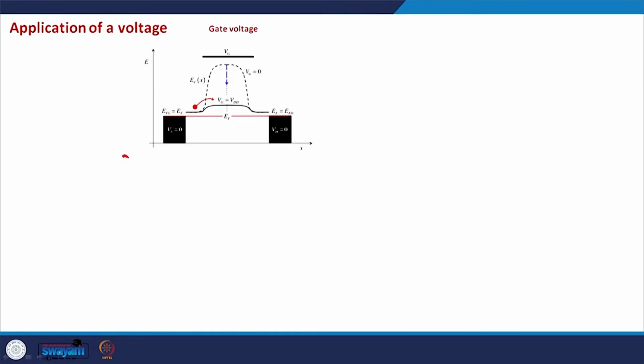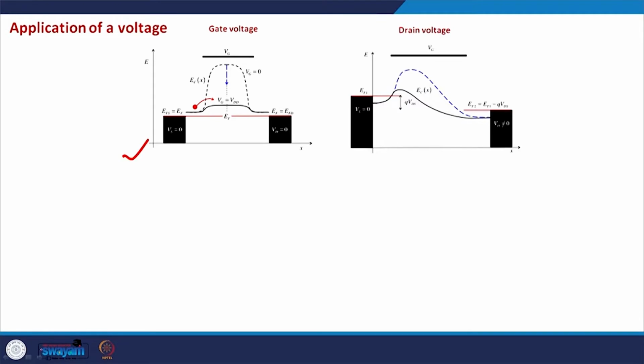If we apply a drain voltage, it will change the Fermi level as well, and the equilibrium is disturbed. In steady state, this is how it will look.